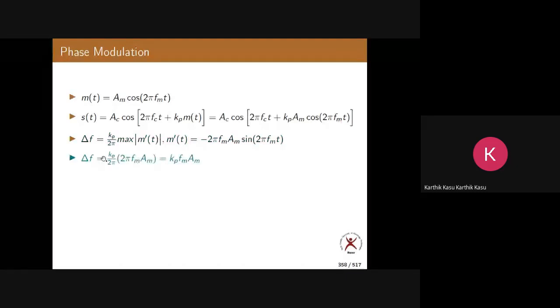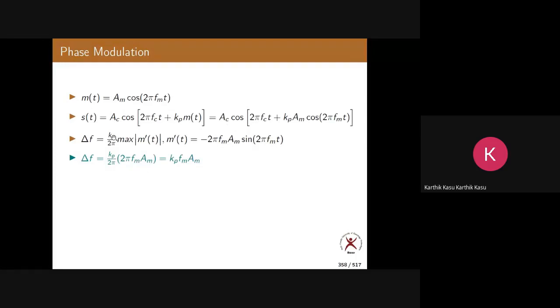So what is delta f now? kp by 2 pi. So what is the mod of this m'(t)? What is that? 2 pi fm Am. Isn't it? Okay. So we can neglect this minus because we are taking the mod operation. So the maximum is not required also. Now the mod of this signal is 2 pi fm Am.